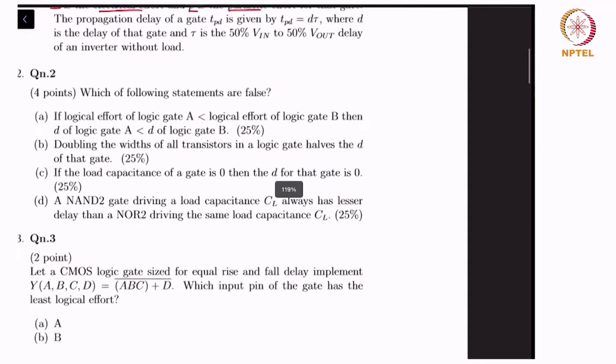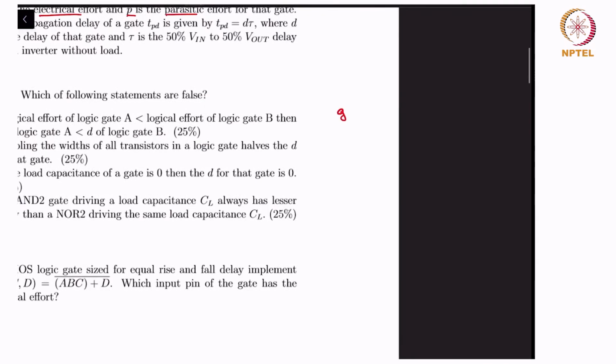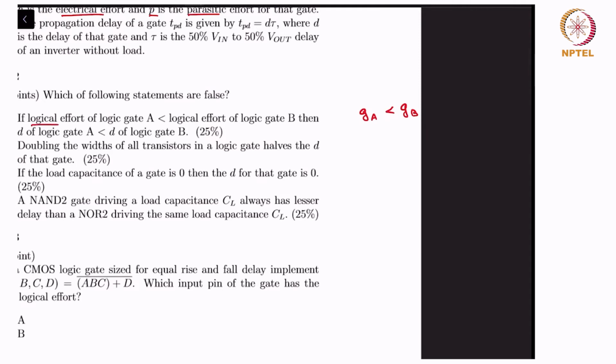Now, let's say GA is less than GB. That is what this says. Of course, DA is equal to GAHA plus PA, and DB is GBHB plus PB.